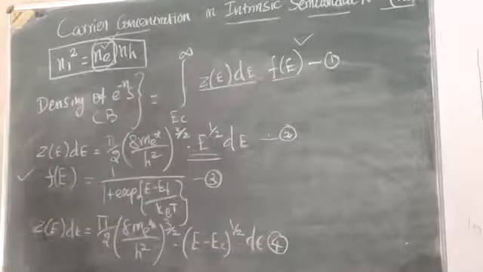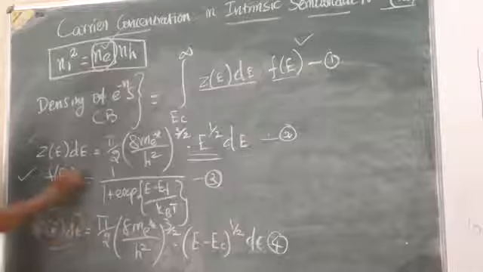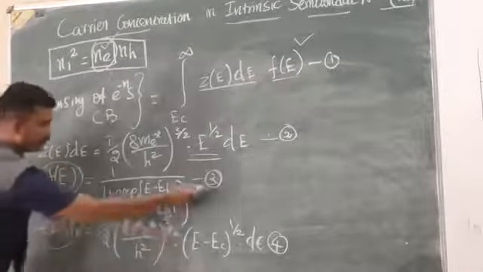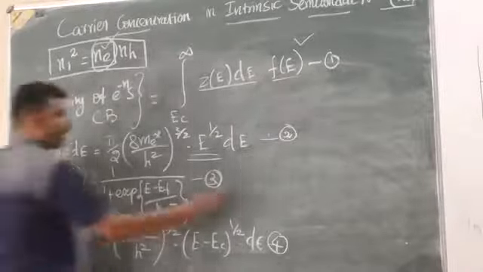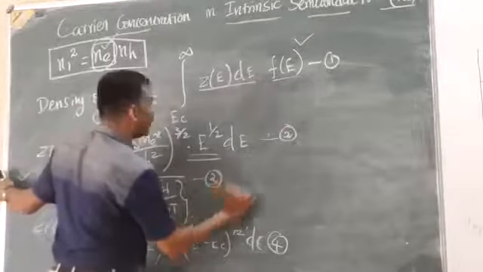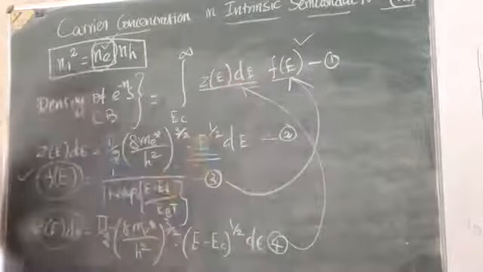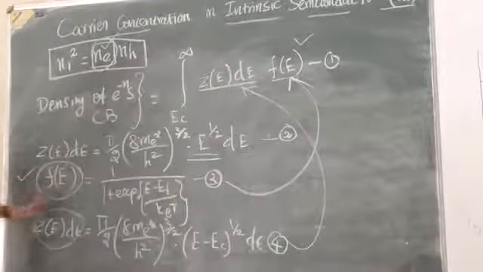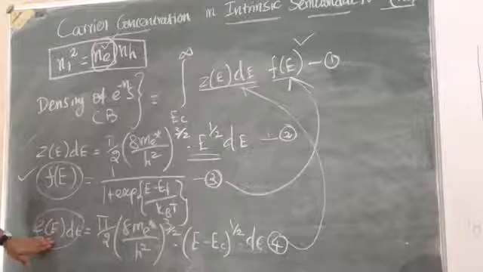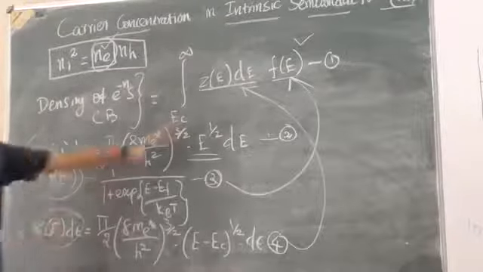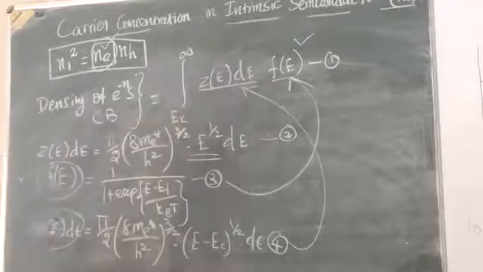Right. Now we need to substitute these two values. That is, substitute equations 3 and 4 in equation number 1. Now we need to substitute the Z of E dE values and f of E values from 3 and 4 into equation number 1.